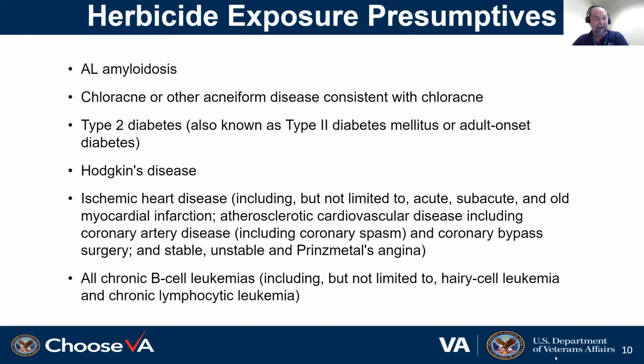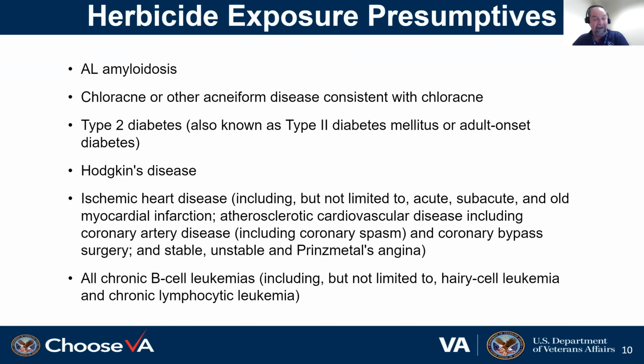What you see here, and this is several slides of presumptive conditions. You see the chloracne, you see the Hodgkin's, ischemic heart disease was added a few years ago. B-cell leukemias was added a few years ago. Type 2 diabetes has been on there for several years now.